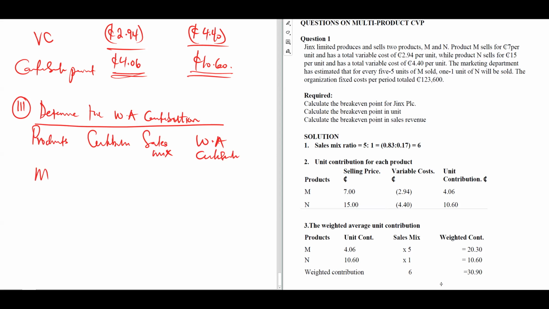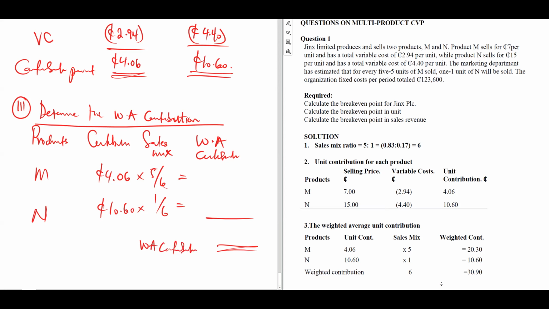But just to be professional, this one's contribution was 4 cedis and 6 pesos. Sales mix was 5/6, giving us a weighted contribution of how much? We take N. This one was 10 cedis 60 pesos by 1/6. When you add up, you are going to get the weighted average contribution.